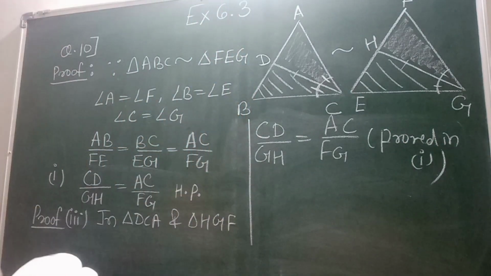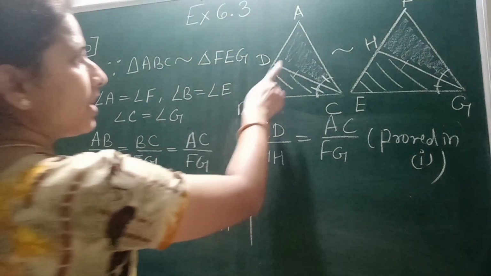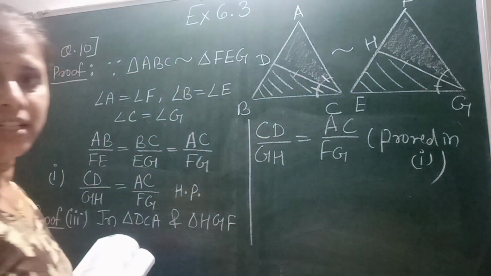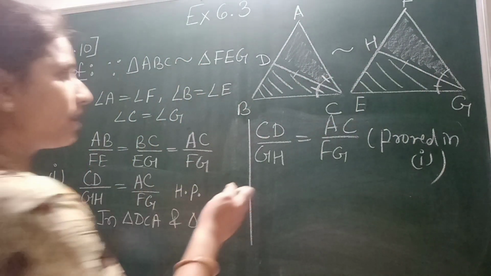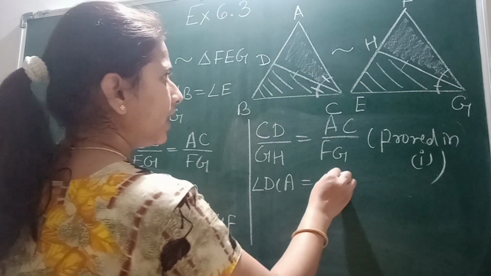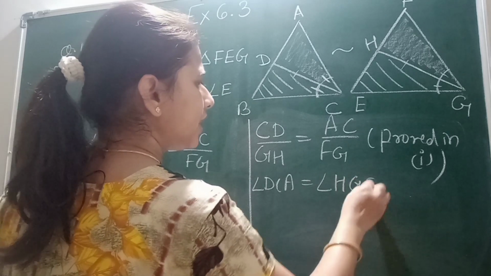Okay, and this half of angle C is equal to half of angle G, because angle C is equal to angle G. So what will we take? Angle DCA equals angle HGF.